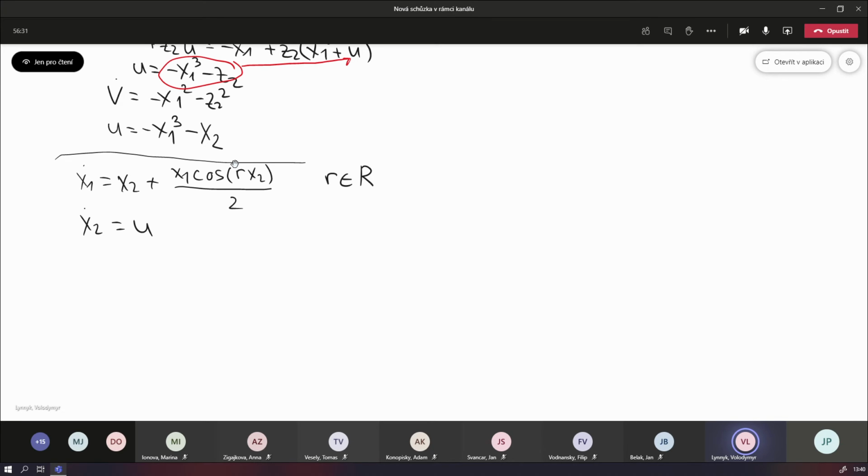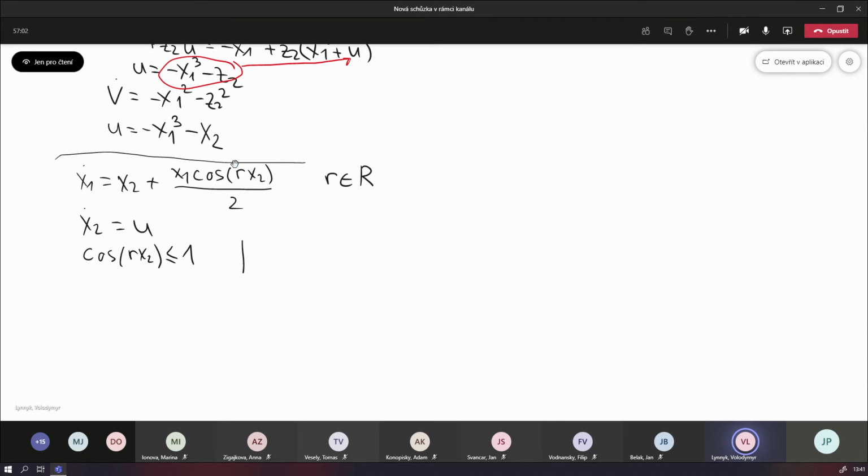Now we need to design u without precise knowledge of parameter r. We will use the inequality that cosine r x2 is always less than or equal to 1.